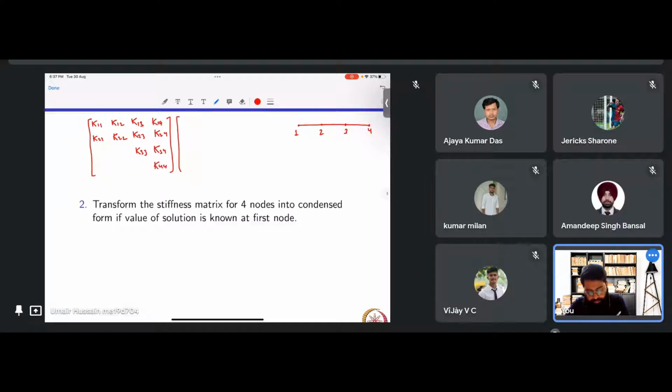And we have 4 nodal values here. So this is equal to some force vector F1, F2, F3, F4. Let's not talk about the q values here, we'll ignore it. So the question is, maybe you know the value u1, this is known.